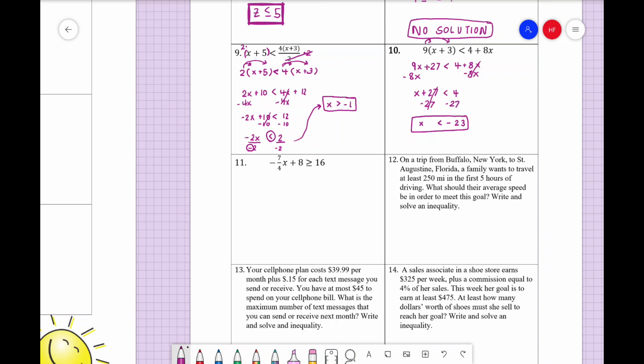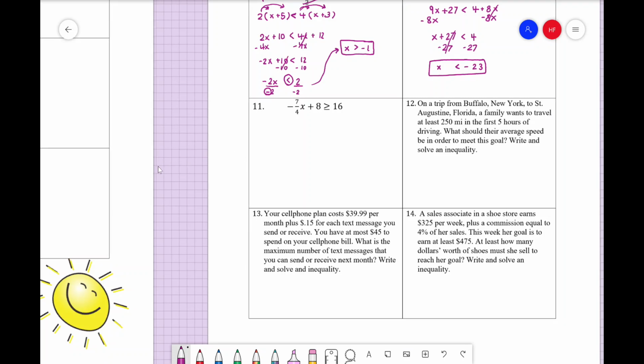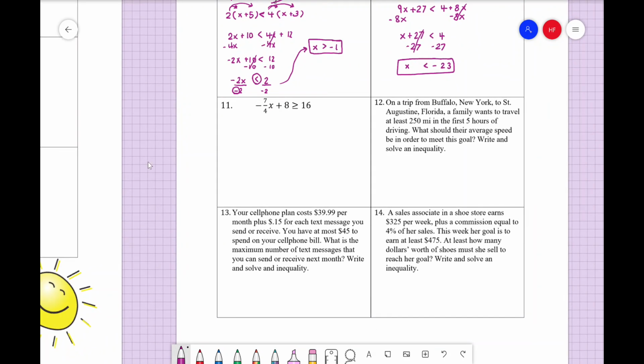Number 11. Negative 7/4 x plus 8 is greater than or equal to 16. First thing I want to do, get that constant out of there. So negative 7/4 x greater than or equal to 16 minus 8, which is 8.